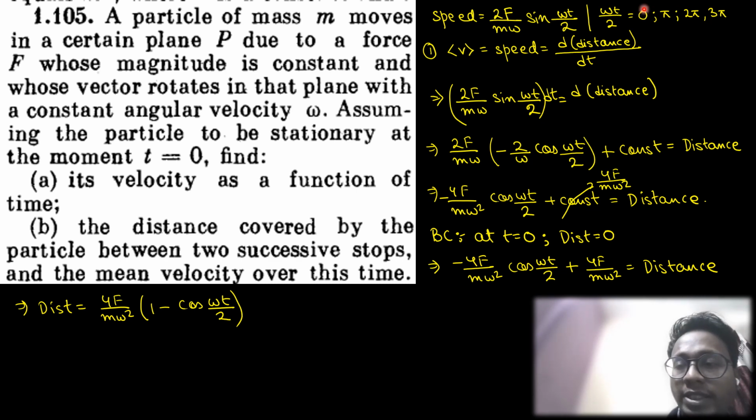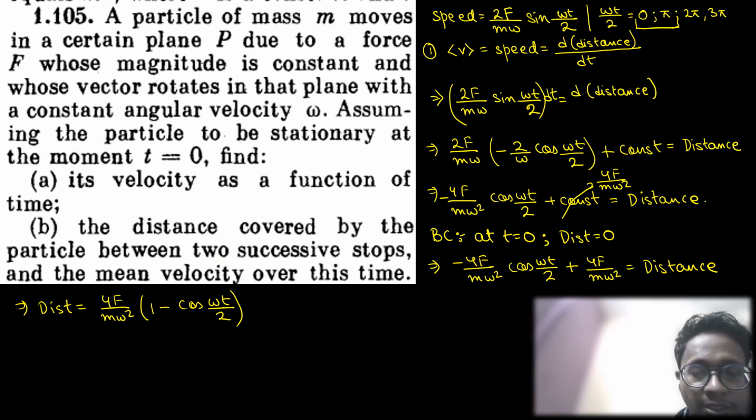At the starting, at t equal to 0, we got speed equal to 0, and at omega t by 2 equal to pi, we also get speed equal to 0. So two successive stops are between omega t by 2 equal to 0 and pi. At t equal to 0, distance is equal to 0. We got our first boundary condition. When does the particle stop the next time?